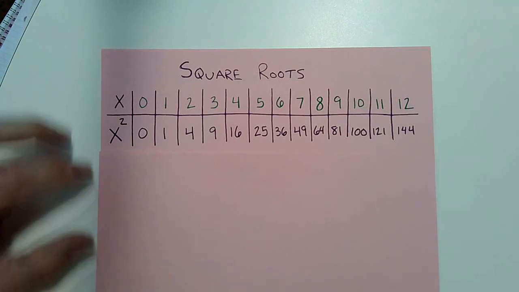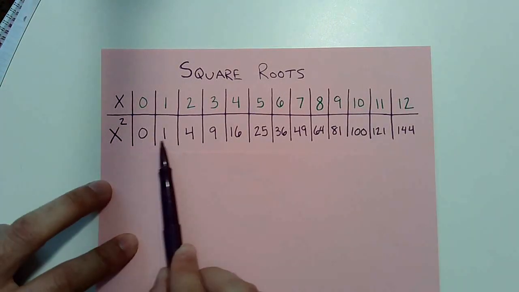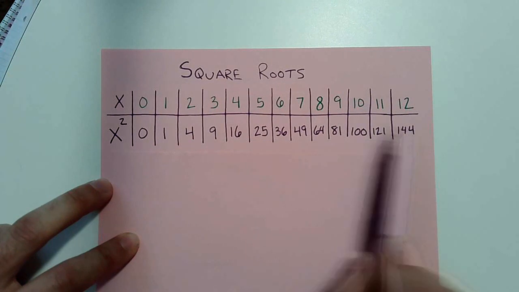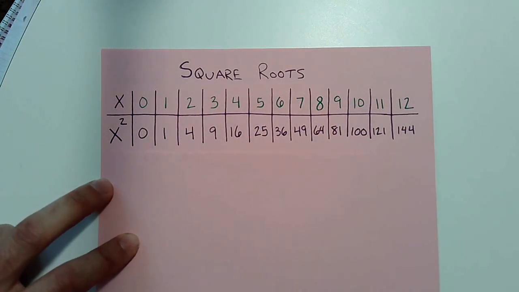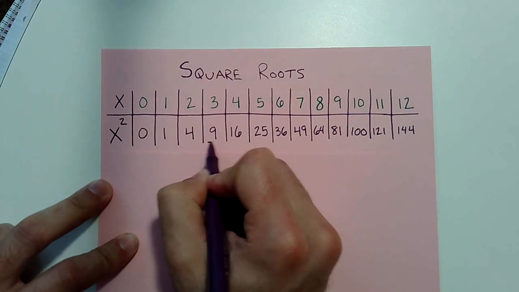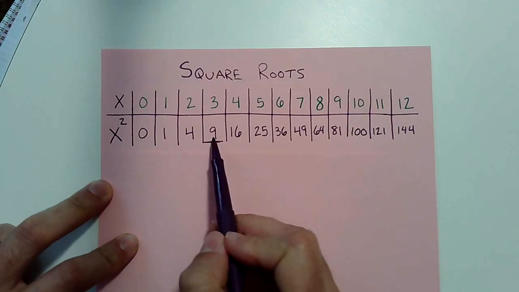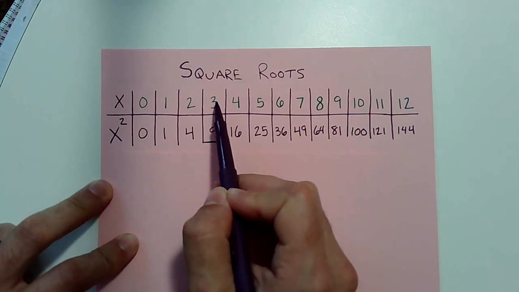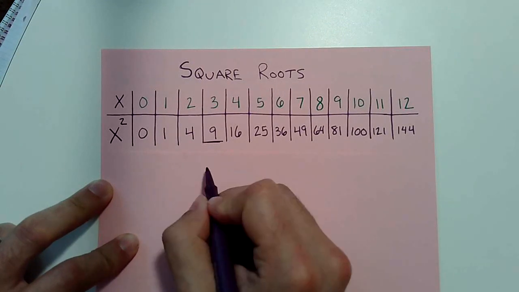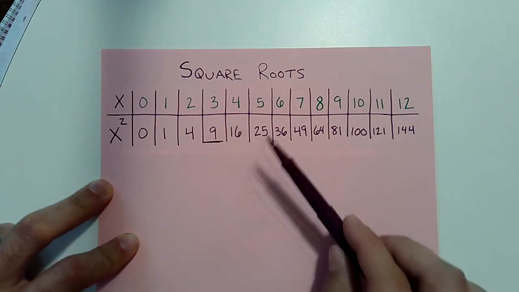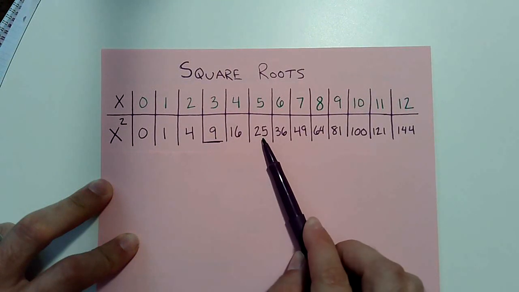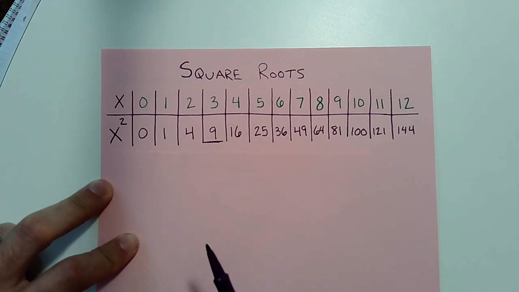So what we would call these numbers on the bottom, these are the squares. The numbers at the top would be the square root of the square. Meaning if I took this value here, 9, the square root of 9 is 3. The reason being that 3 times 3 makes 9. The square root of 25 is 5, because 5 times 5 makes 25.